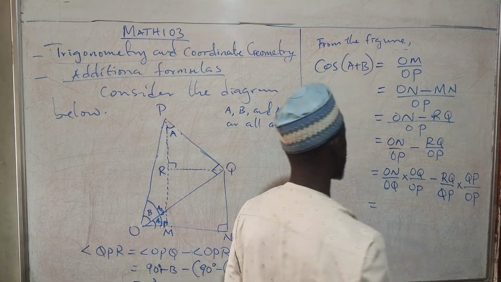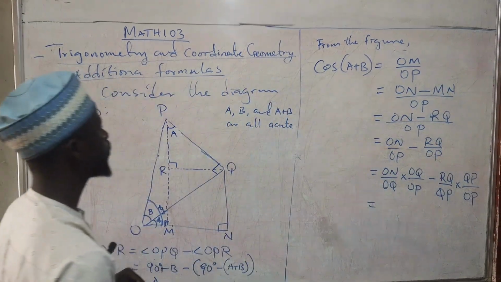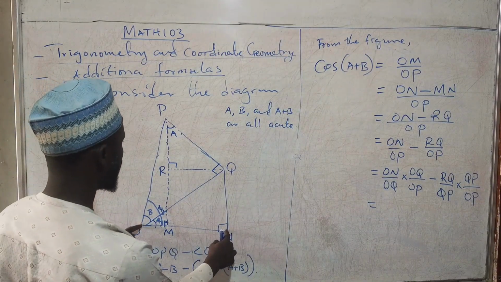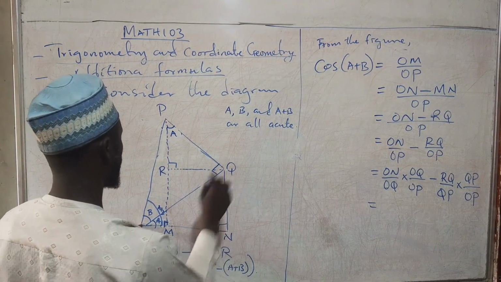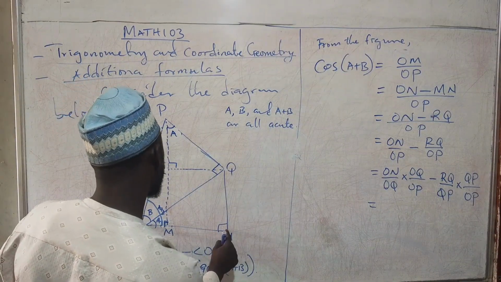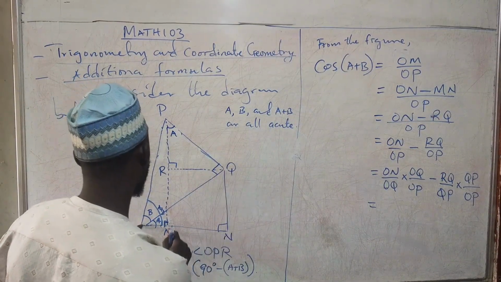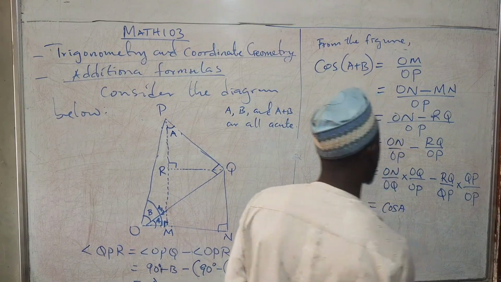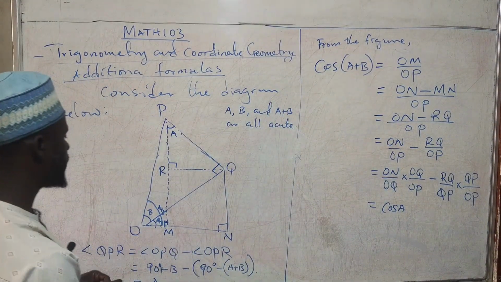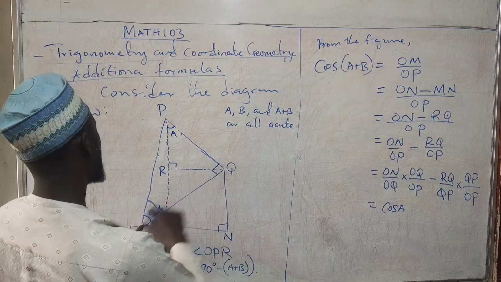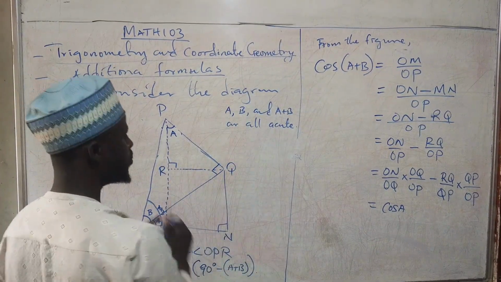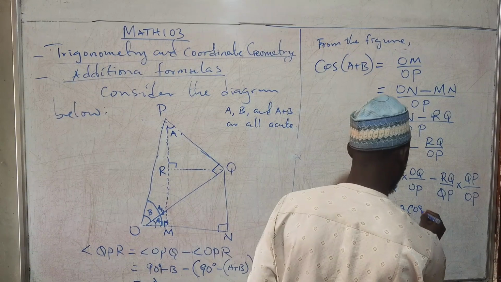But what is this? ON over OQ. What is ON over OQ? That is adjacent over hypotenuse of A. That is cos A. What is OQ over OP? This is OQ over OP, but that is adjacent over hypotenuse of B, and that is cos B.